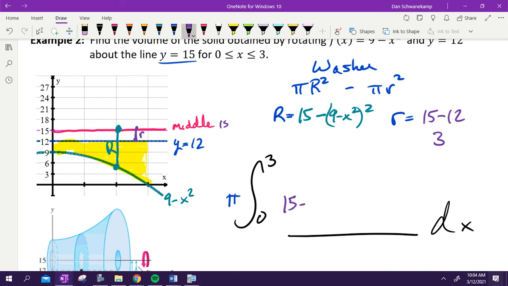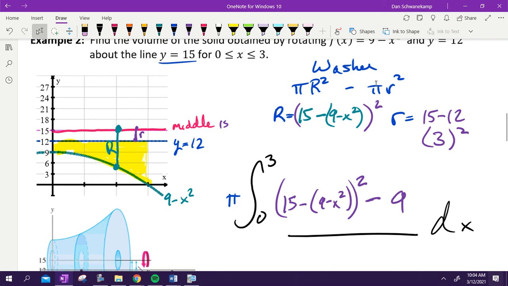You take big R squared, throw that all in parentheses. See, I even screwed it up when I wrote it down right there. I did not put it all in parentheses. And then the little r squared, so minus 9. Type that into your calculator. Make sure you can get a value.